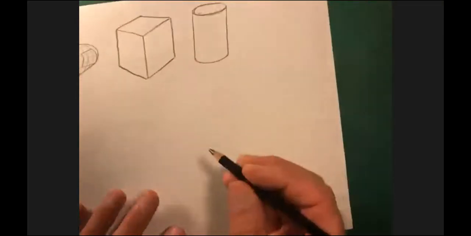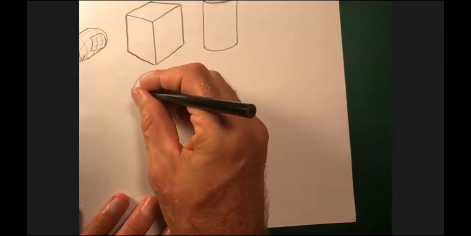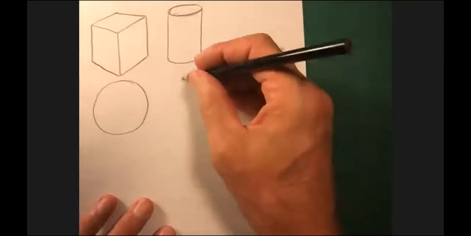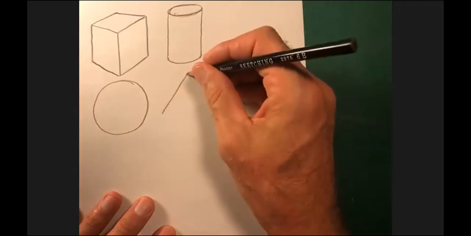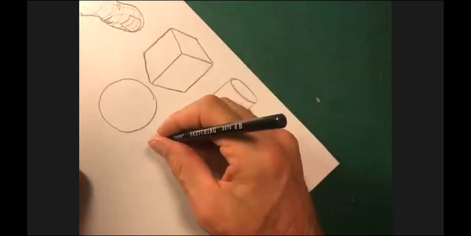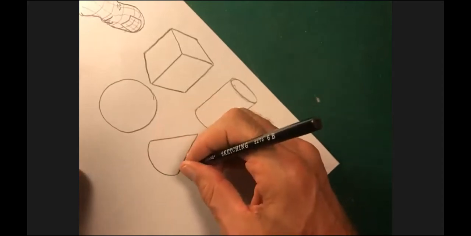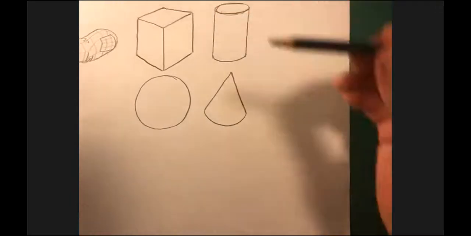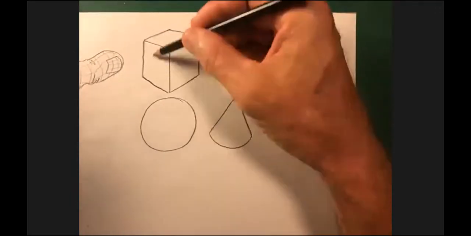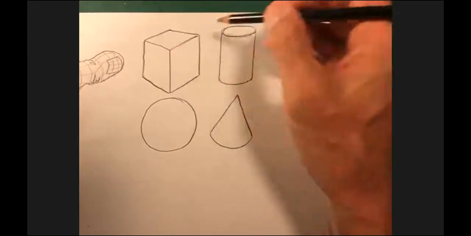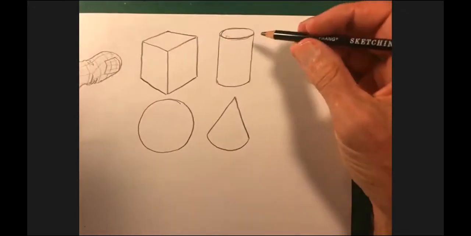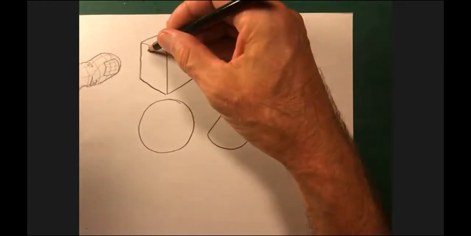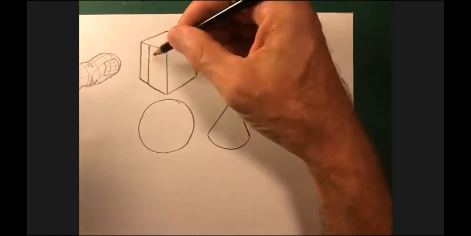Anyway, sphere and our cone. All right, so I'll go ahead and draw these in. So the cube is pretty obvious.